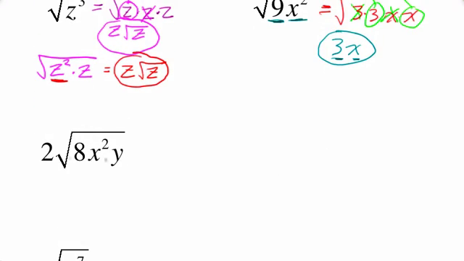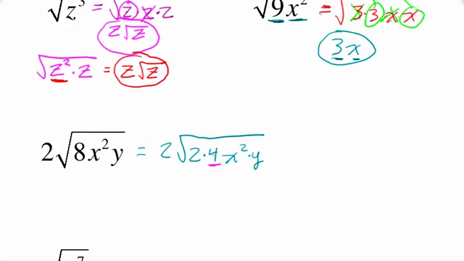Let's take a look at this next problem, which was given as the example in the title of our video. The rule says that we're supposed to factor what's under the radical. So again, we're going to look for perfect squares, but we are going to factor. So this is a 2 times 4, and then here we have an x squared times y. Now you don't always have to write out everything in broken down form. In this case, I'm looking for perfect squares.